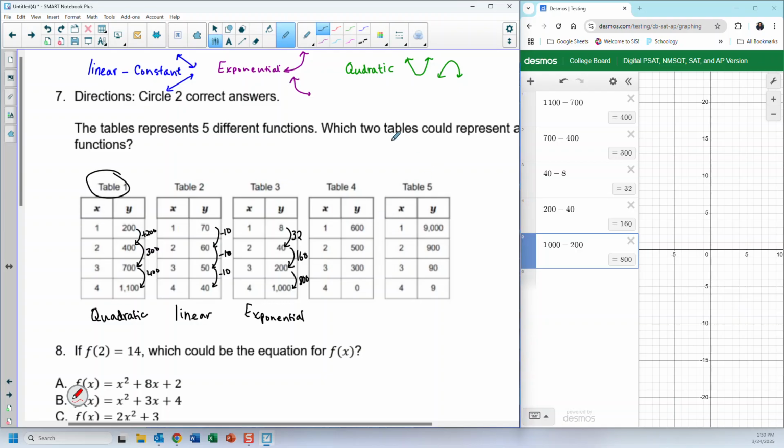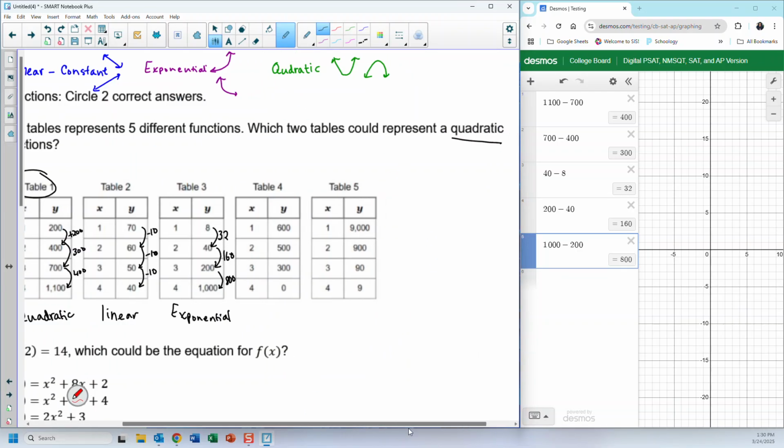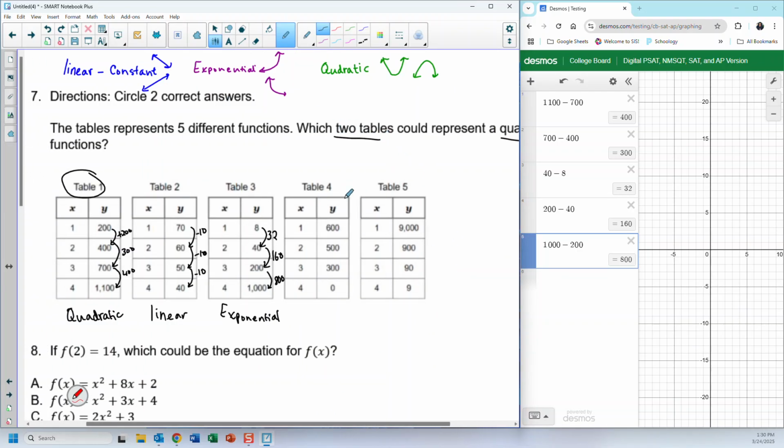Alright, I'm supposed to find 2 tables, I think. Yeah, find 2 tables. So there's one more quadratic between these two. So I know this is exponential. Look, it's decreasing by what? 900 minus 9,000. That's like decreasing by 8,100. That's okay, as long as the next number is also decreasing by around the same number.